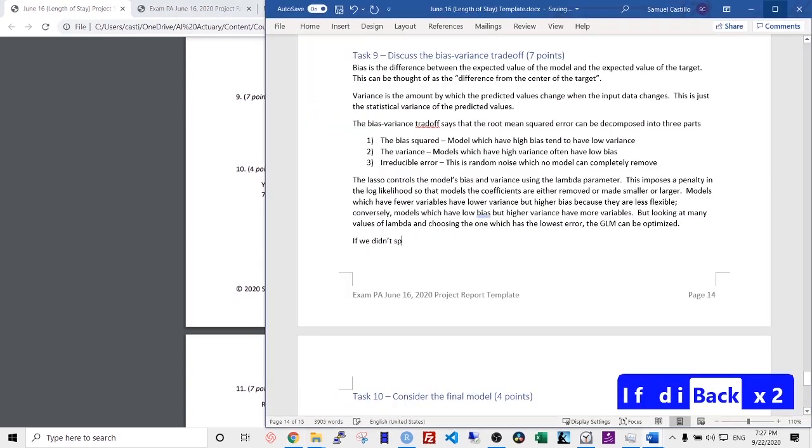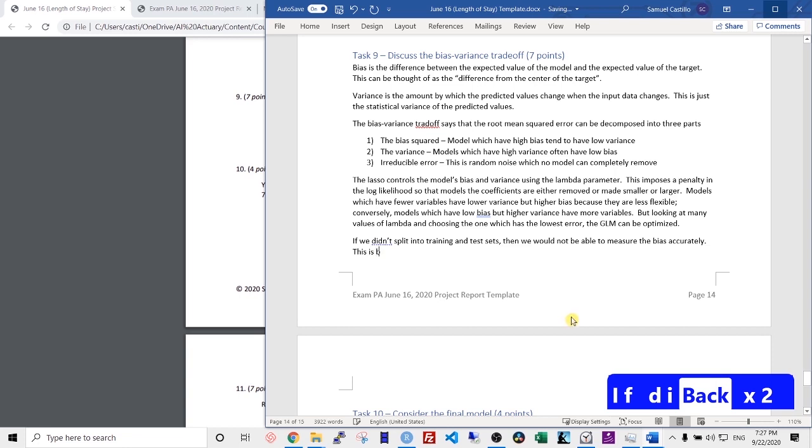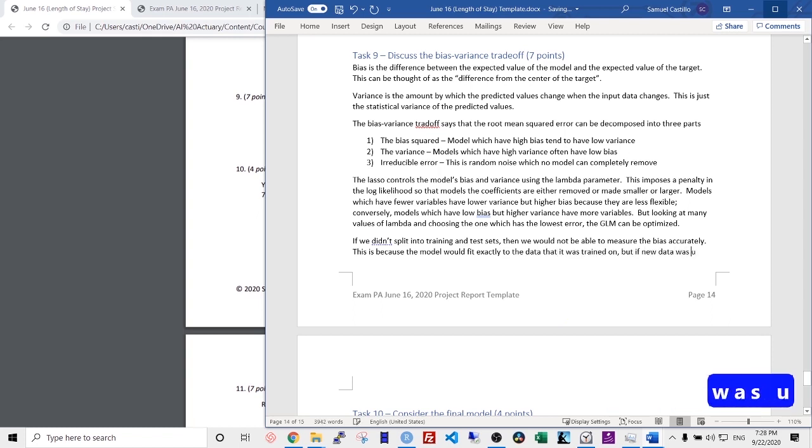If we didn't split into training and test sets, then we would not be able to measure the bias accurately, right? This is because the model would fit exactly to the data that it was trained on, but if new data was used, then the results would be far worse, right?